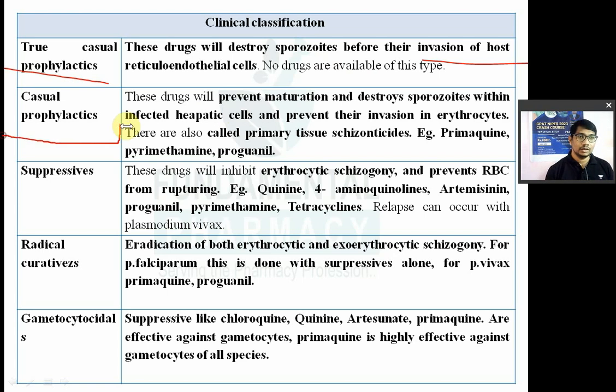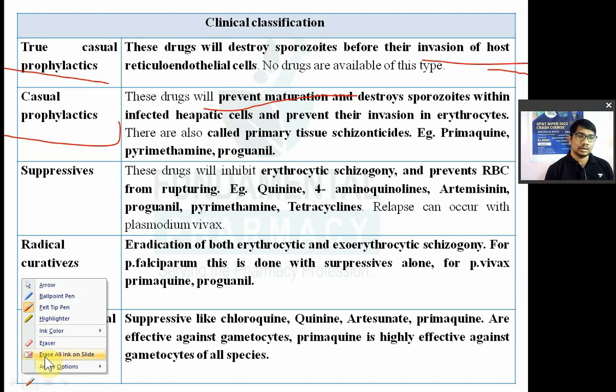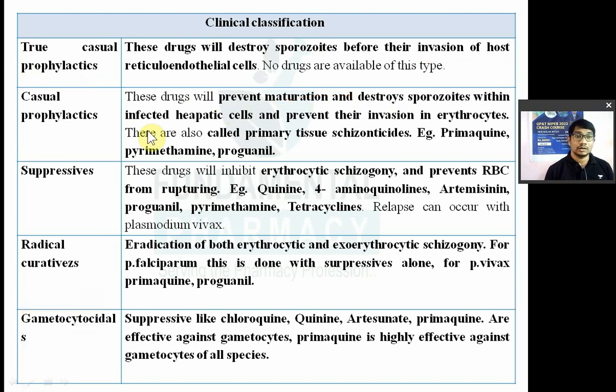Now causal prophylactics. These drugs will prevent maturation and destroy the sporozoites within the infected hepatic cells. So causal prophylactics destroy the parasites in the liver and prevent their invasion into the erythrocytes or RBC. Examples are primaquine, pyrimethamine and proguanil.